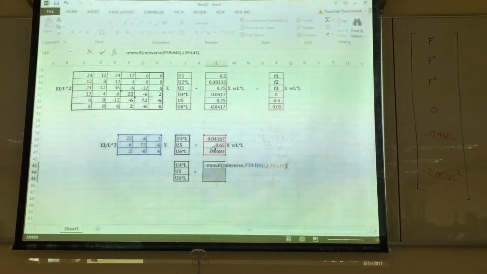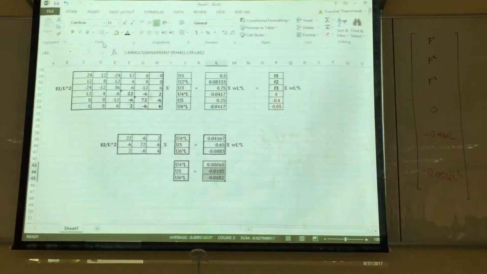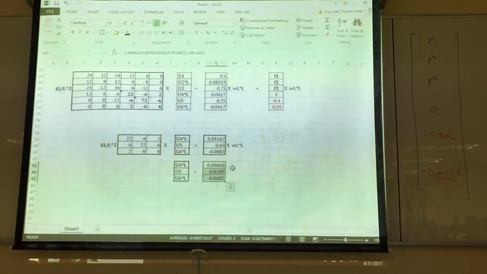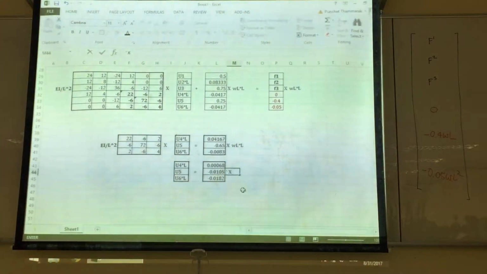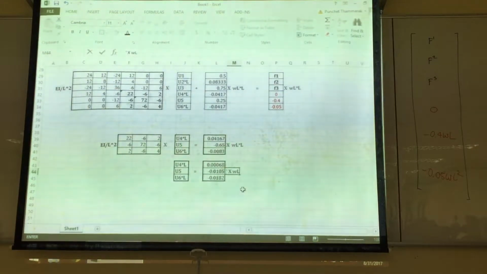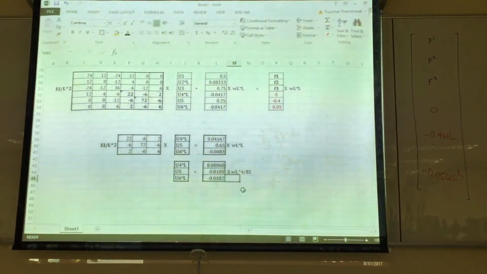Before you hit enter, you hold the control and the shift and then enter. You get this one. And here, the scale is WL to the 4th divided by EI. That's it.